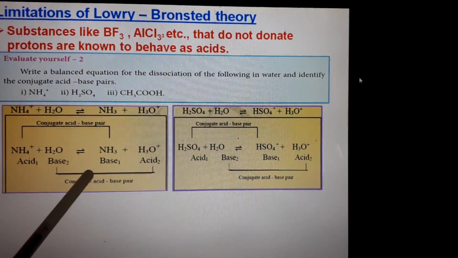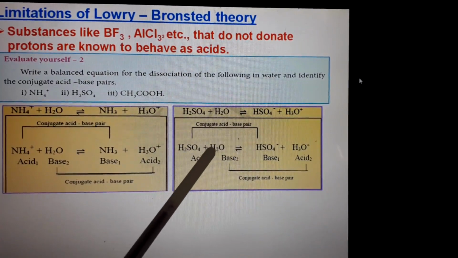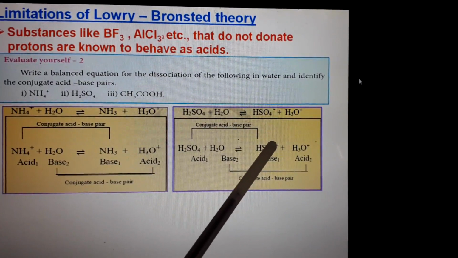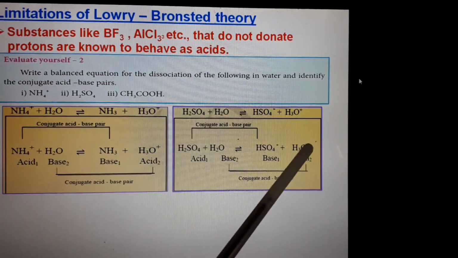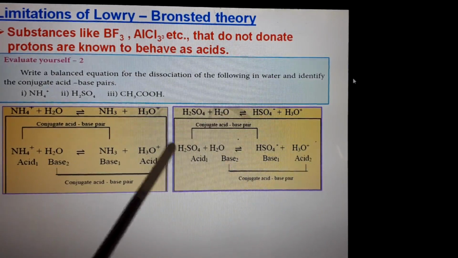Another one is sulfuric acid. Sulfuric acid dissolved in water gives the hydrogen sulfate ion, HSO4 minus, and the H3O plus ion.